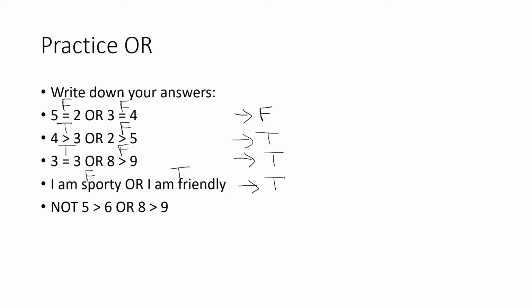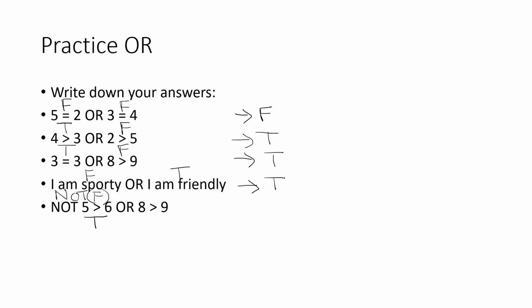Then we've got a slightly more tricky one. Here we've got not 5 greater than 6 or 8 greater than 9. So 5 greater than 6 is false. But when I say not of this false, I get a true. So I'm going to put my true there.